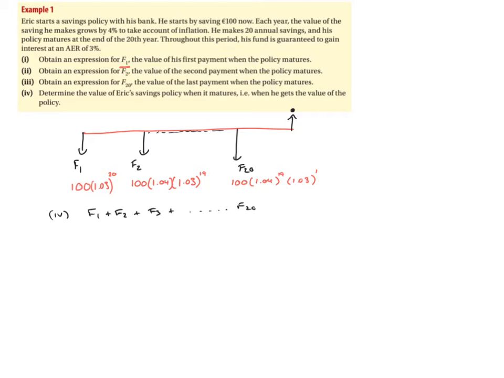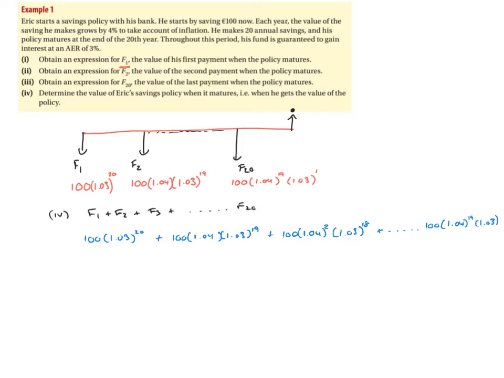So hopefully you can see there that what we have is a geometric sequence. And if I put in the numbers here, you can see my F1 is, in blue, 100 by 1.03 to the power of 20, plus F2, which is 100 by 1.04 by 1.03 to the power of 19, plus if I did F3, it would be 100, and it'd be 1.04 squared, and it'd be 1.03 to the power of 18, and the last one is 100, you can see there 1.04 to the 19 multiplied by 1.03.